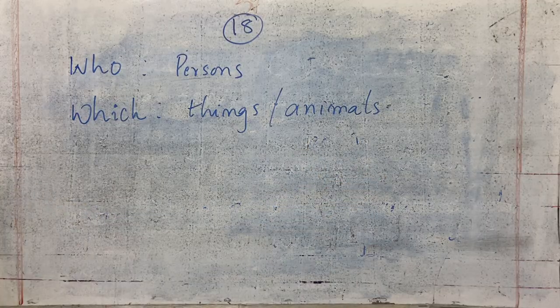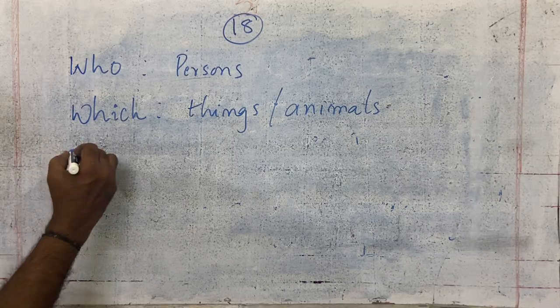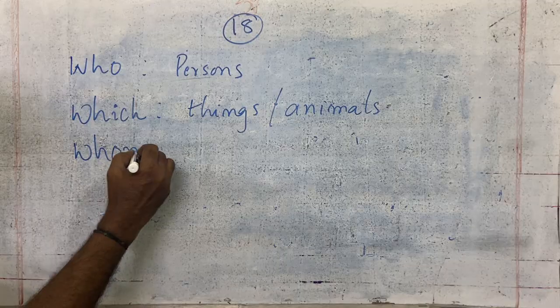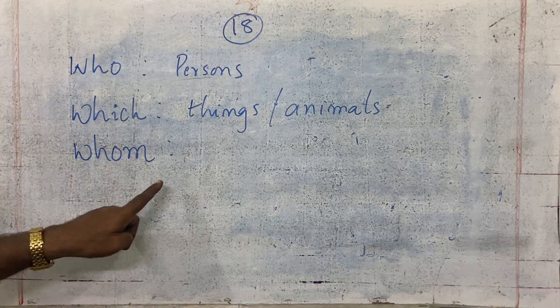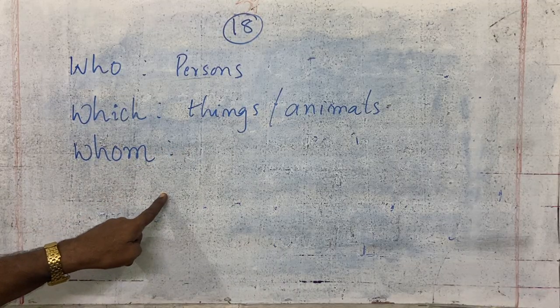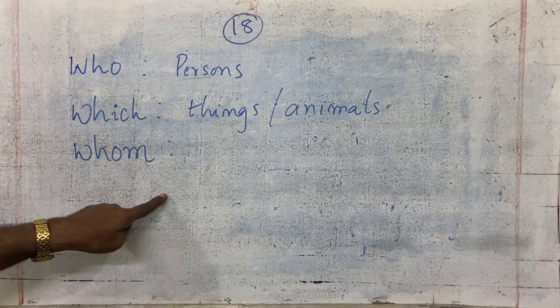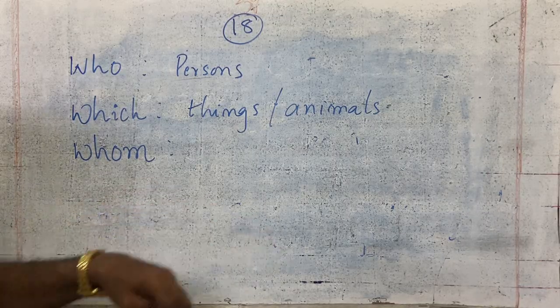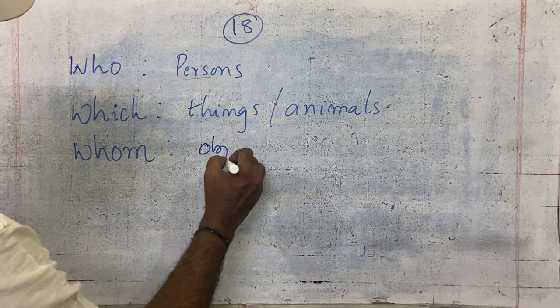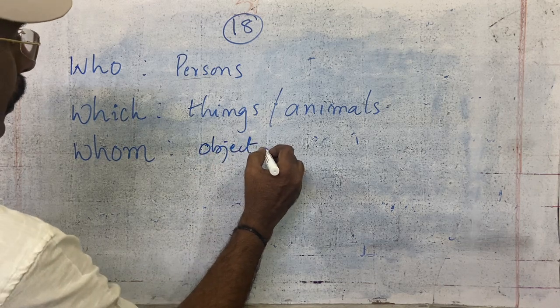Next we have whom. It is used a little bit differently. This is for people, in the object of the verb or of the preposition, in the place of the object.